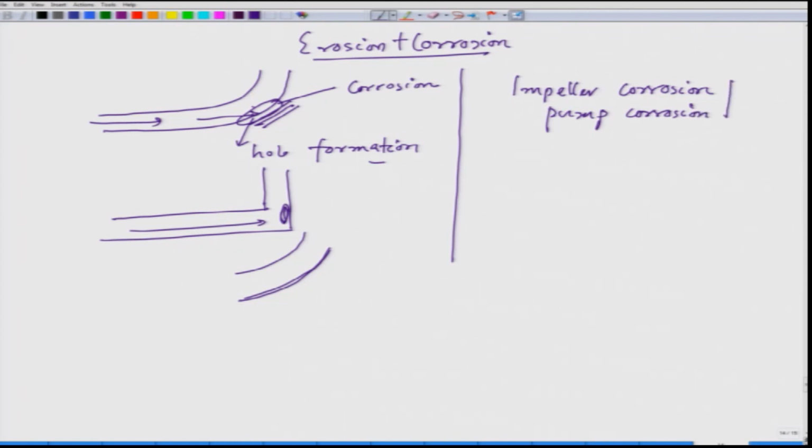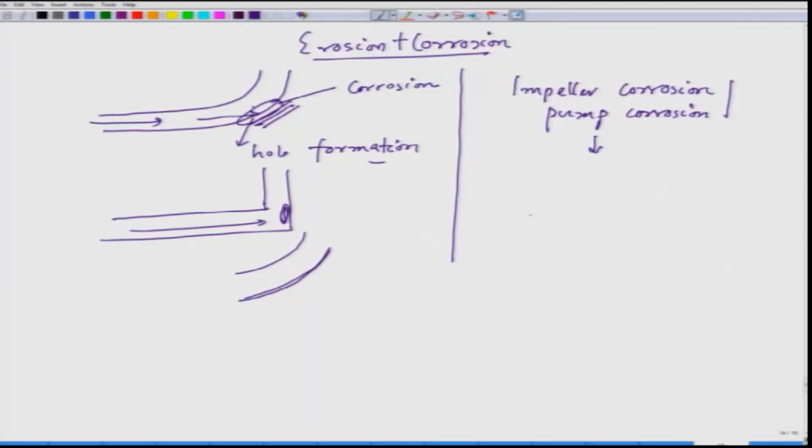Many times if we go and look at the blades of a water pump, we see that the edges of the blades are heavily corroded, and many times we see that the edges of the blades are basically detached from the original shape, original structure. This happens because of a typical corrosion which is called cavitation. In case of cavitation, what happens?